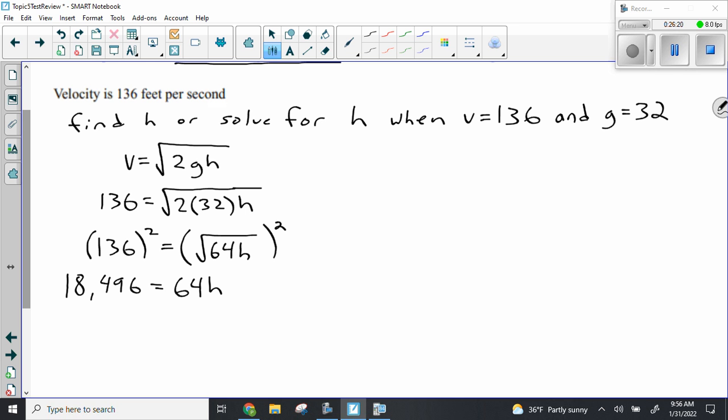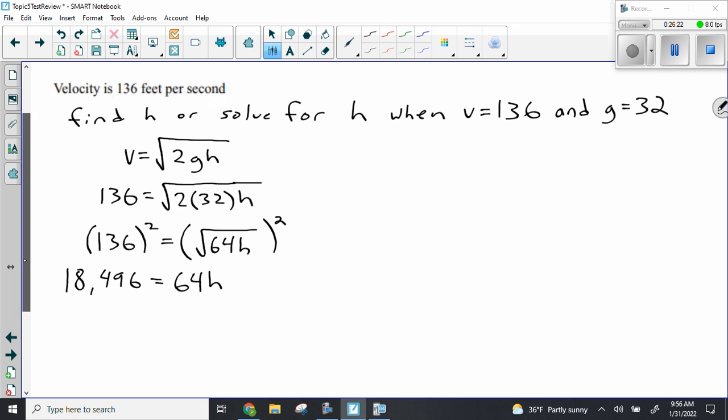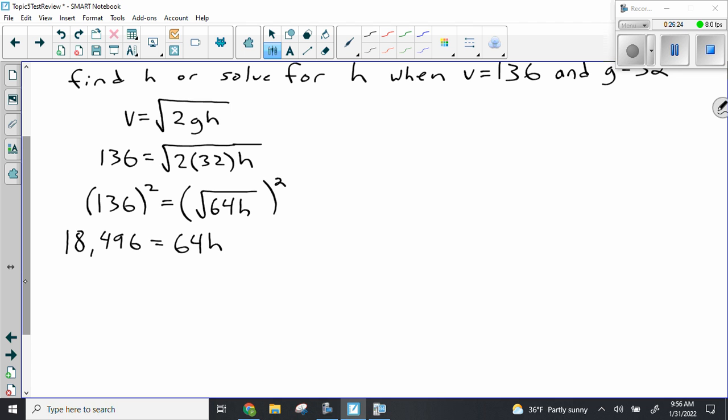And my last step for isolating the variable h is going to be to divide both sides by 64. The 64s cancel because 64 divided by 64 is 1. And if I divide 18,496 by 64, I get 289.